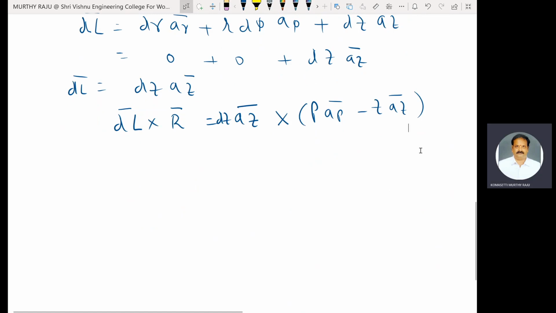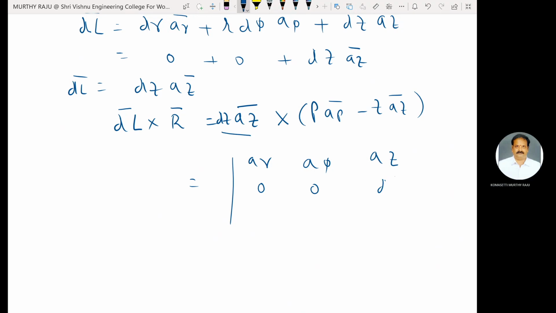Find this using the determinant of a rho, a phi, a z. For dl, the a z component is there, that is 0, 0, dz.